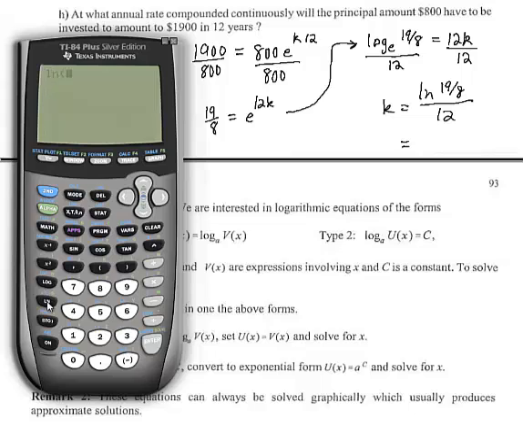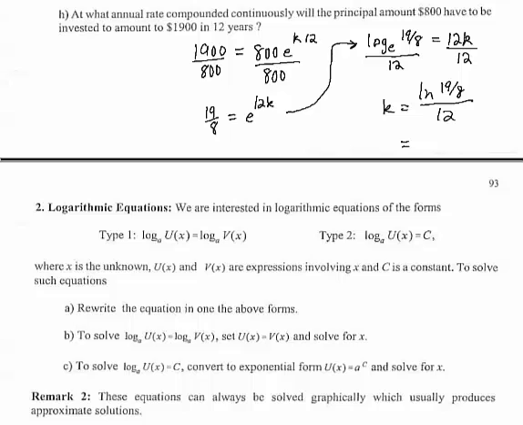We have ln of 19 divided by 8, and then we divide that by 12. Enter. So our rate has to be 0.072. If we convert that to a percentage, we would move the decimal point to the right 2 places, and we would get 7.2%.